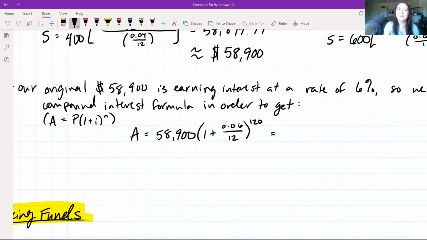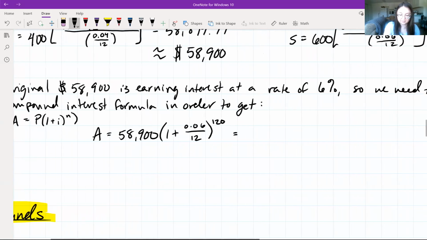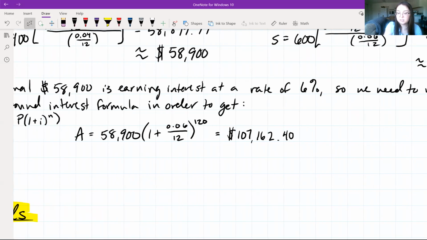Once again, I invite you to calculate this value on your own. And you should end up getting $107,162.40, which, since we're rounding to the nearest dollar, we're just going to say that this is $107,162.